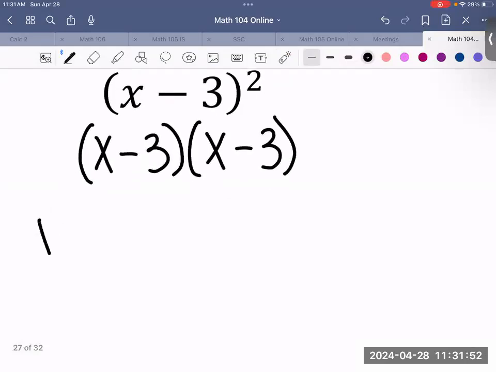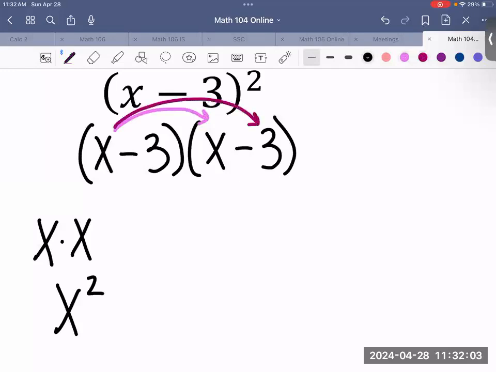So your first two terms can come together as x times x, which is x squared. So that is this one right here. Then we're going to move on to your two outer.